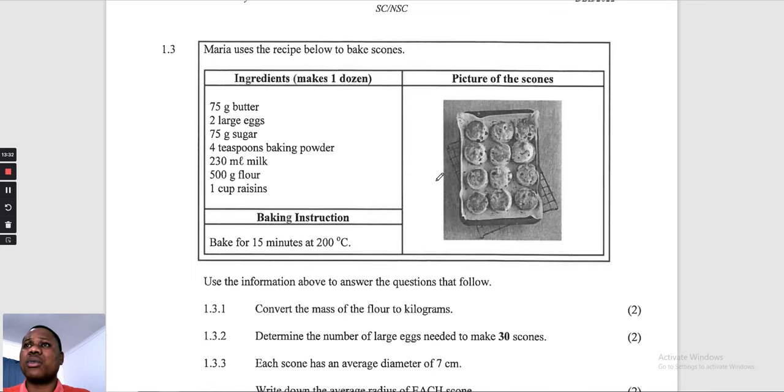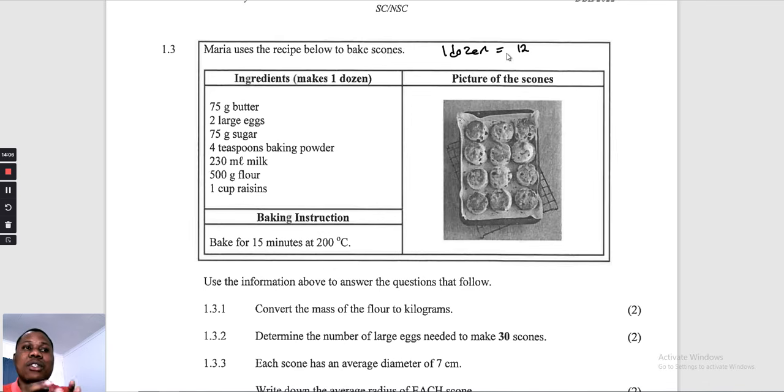Let's proceed to 1.3. Maria uses the recipe below to bake scones. Ingredient makes 1 dozen. So you must know that 1 dozen is equal to 12 items, 12 units, however you want to say it. If we're talking about a dozen eggs, that means there are 12 eggs.